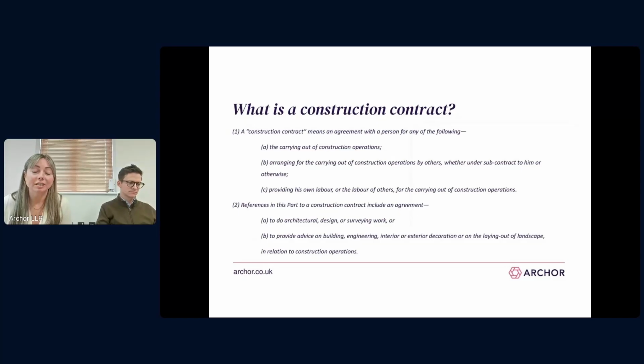And in addition, and sometimes there's still a bit of confusion in the market about this, all professional appointments are covered by the Construction Act. So architects, surveyors, ground investigators, they're all linked to construction work, so they're all covered. And the number of times that we talk to these professionals, they don't realise that they can adjudicate. So if you're not being paid by a client, you can use adjudication to your benefit.